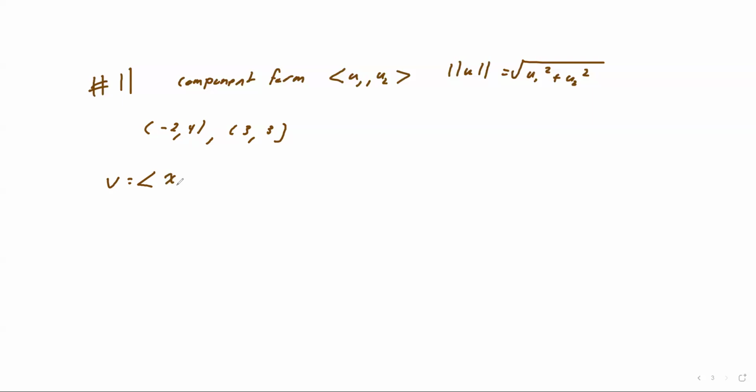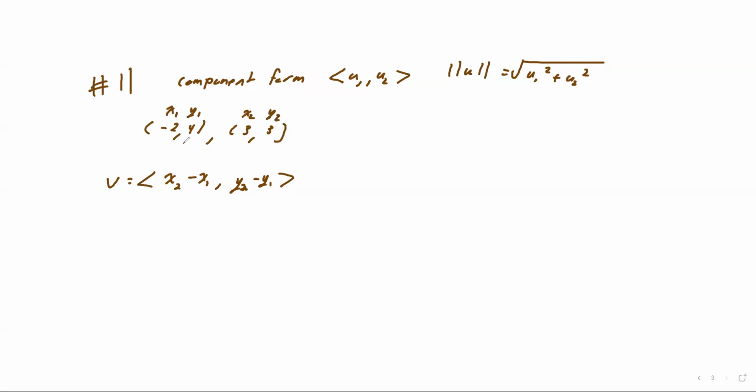Let's call this coordinate x2 minus x1. You're basically finding the distance from x, and then this would be y2 minus y1. So I like to label them x1, y1, x2, y2. This is very specific here.